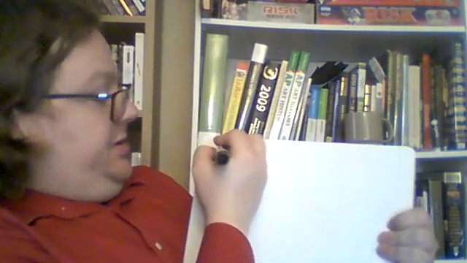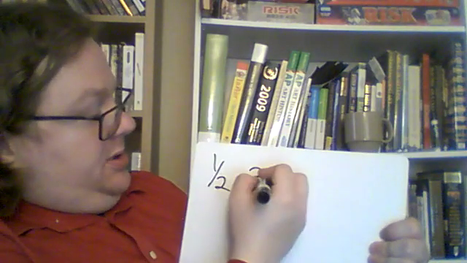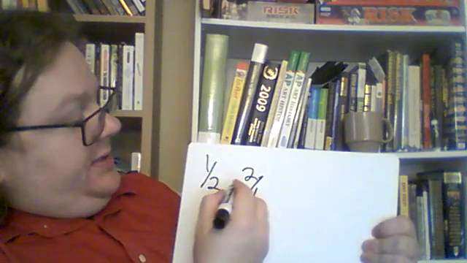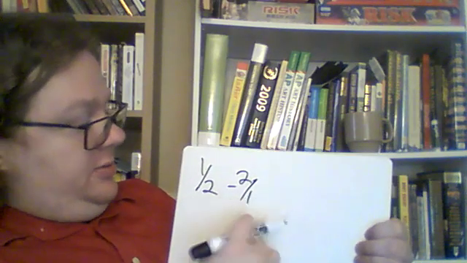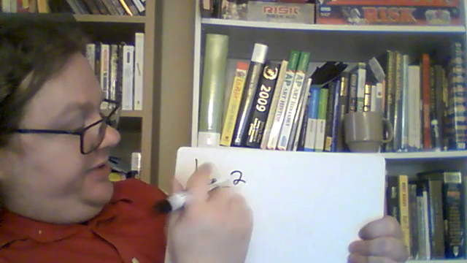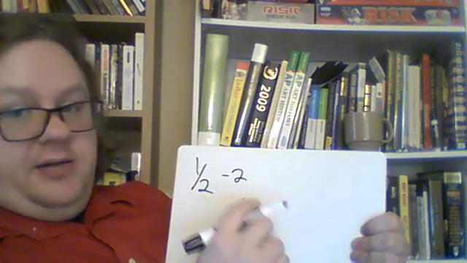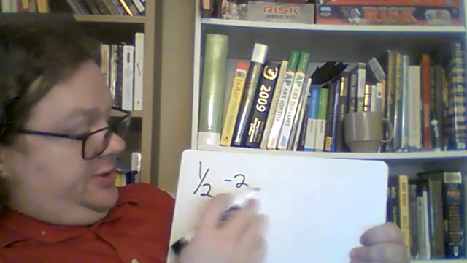So just to give you a couple more examples of what that means, so hopefully it'll stick. If you've got 1/2, the reciprocal is 2/1. The negative reciprocal is -2 over 1, which is the same as just a regular -2. Right? 2/1 is the same as 2.